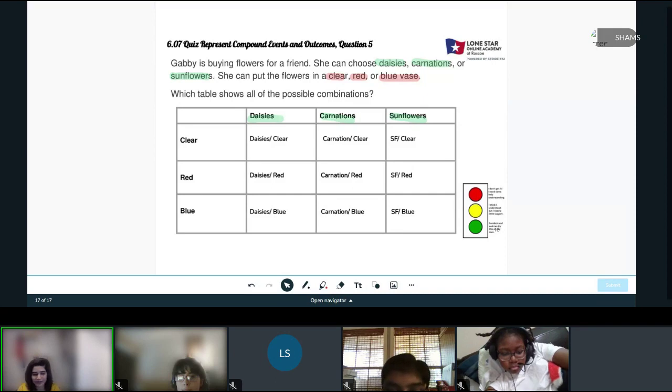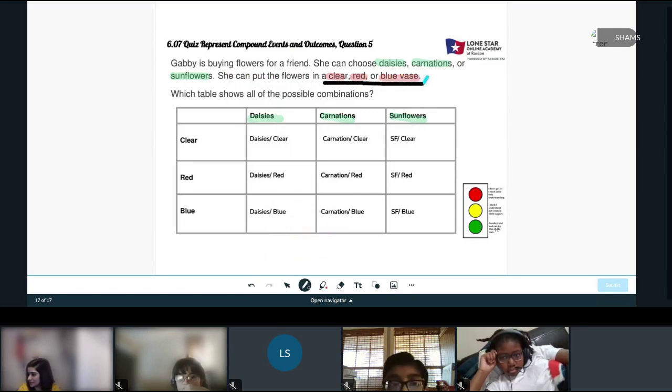No. Clear is the color of the vase. Lena, clear is going to be the color of the vase, right? They're saying she can put the flowers in clear, red, or blue vase. Right? And all teachers are going to be out for testing.